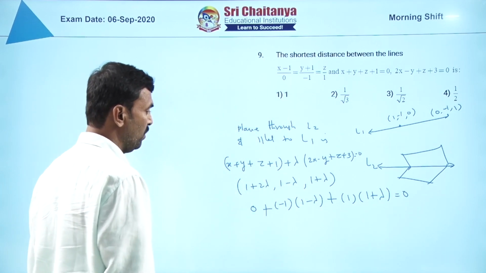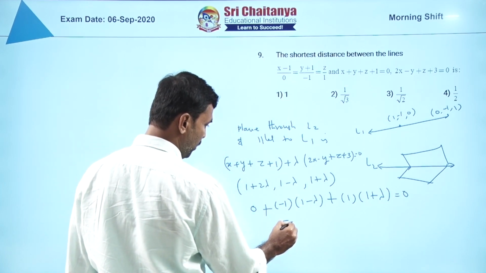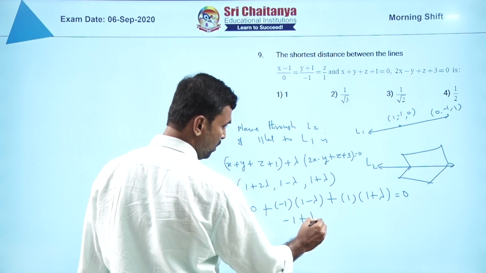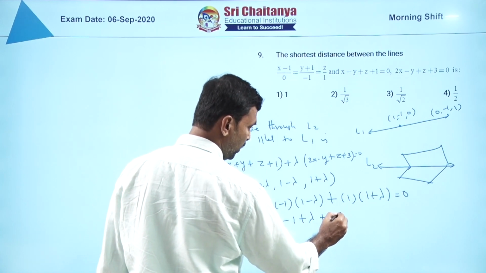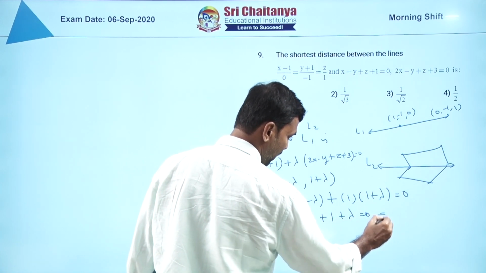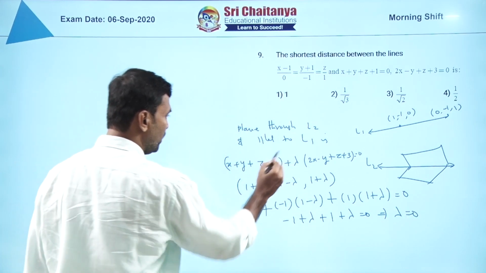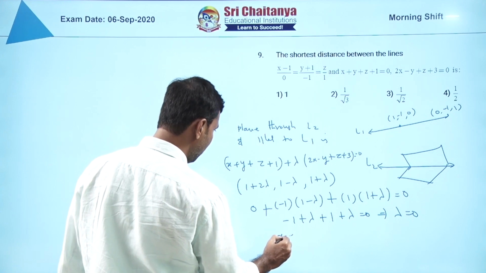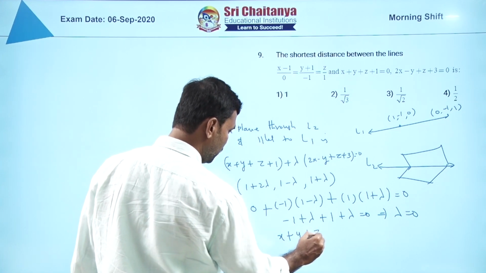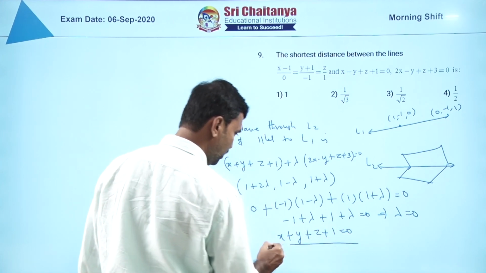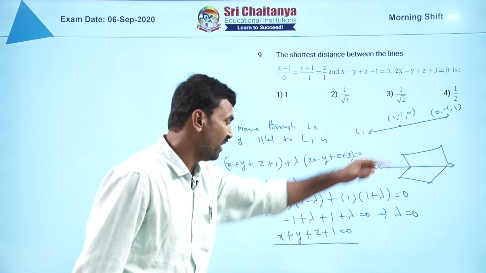From here you will get minus 1 plus lambda plus 1 plus lambda equal to 0, which implies lambda is 0. That means, when lambda is 0, our plane x plus y plus z plus 1 is equal to 0 is parallel to the first line.